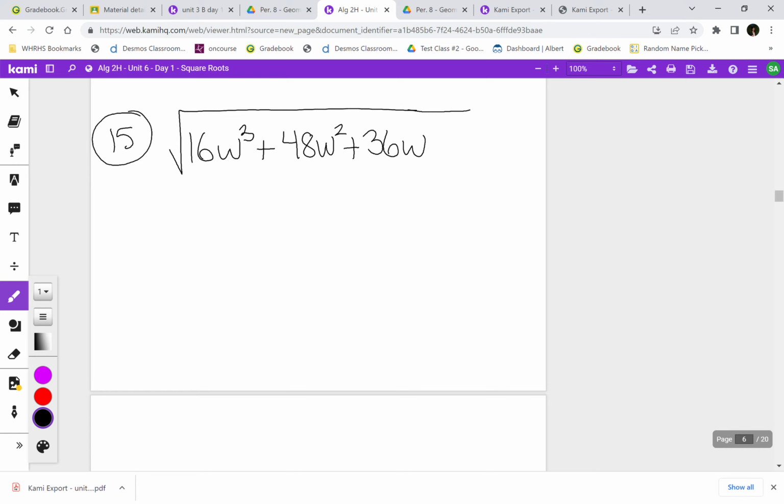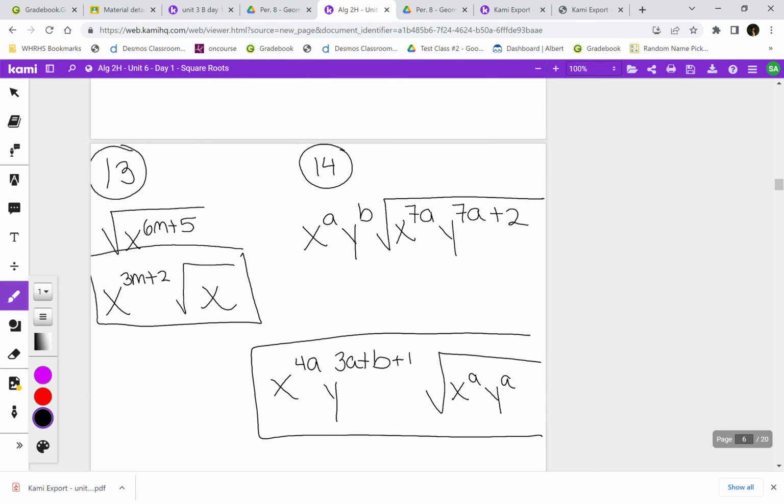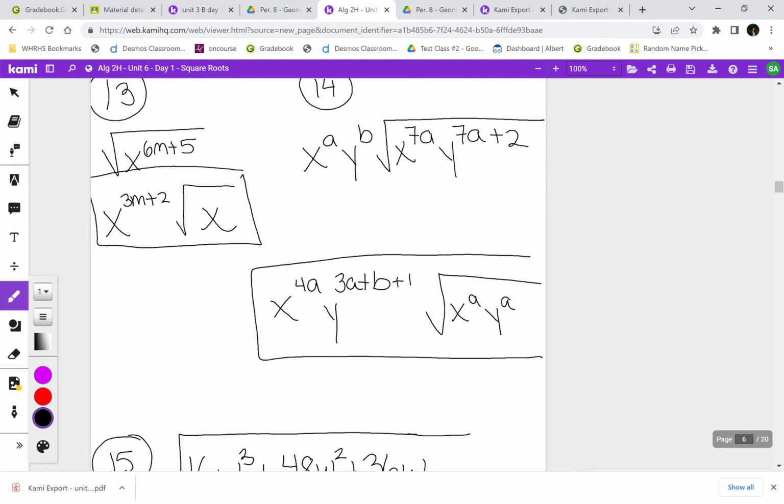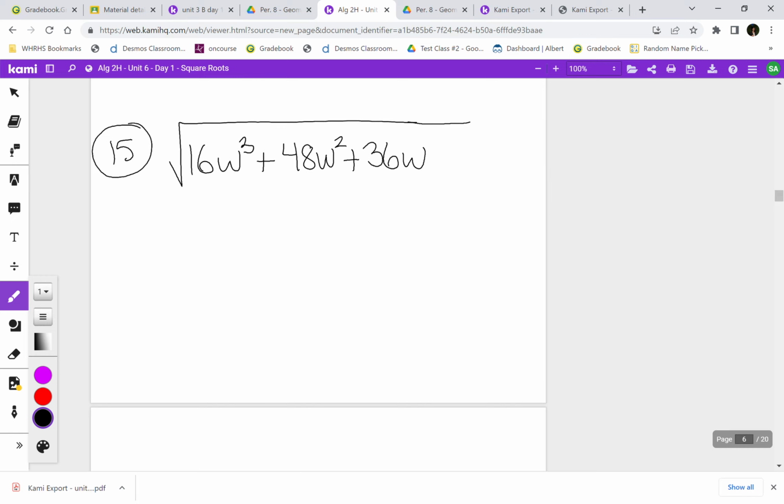How does 15 look different from the other problems we did? You're right, we're heading in that direction, but I'm just talking about how it's laid out. So how does this look different from, let's say, number 14? It's a trinomial. I now have added plus signs in there.